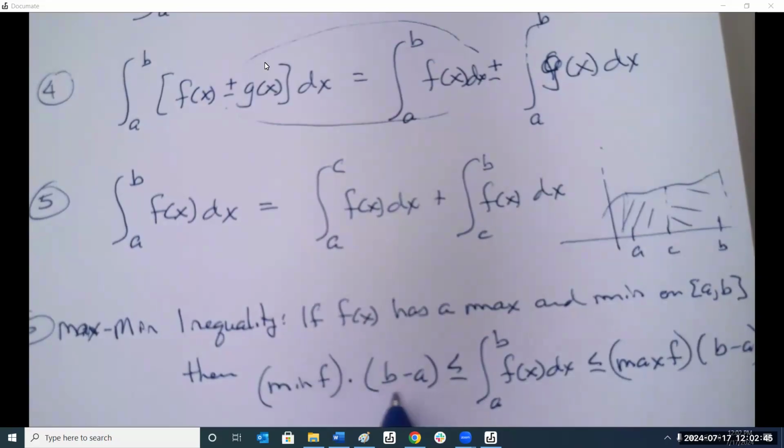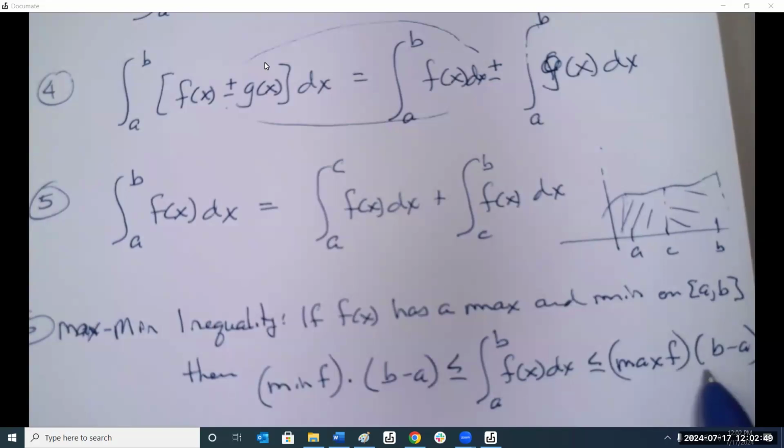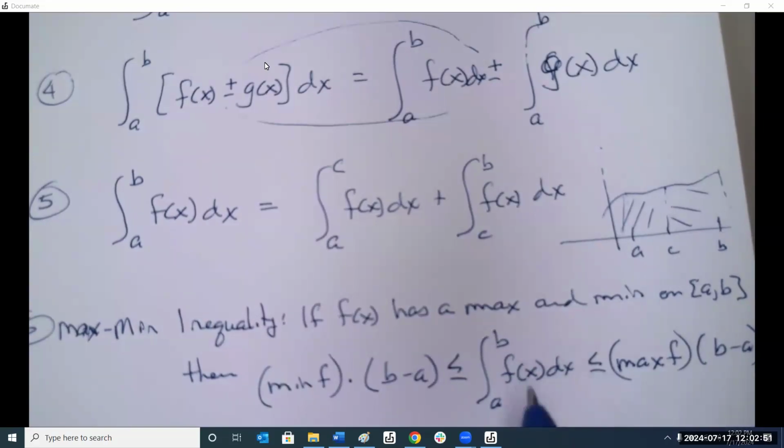We take the lowest point times b minus a, take the highest point times b minus a, and our integral has to be between there. How do we find the max and min? Remember, we have the endpoints a and b, and we find any interior points where the first derivative equals 0.